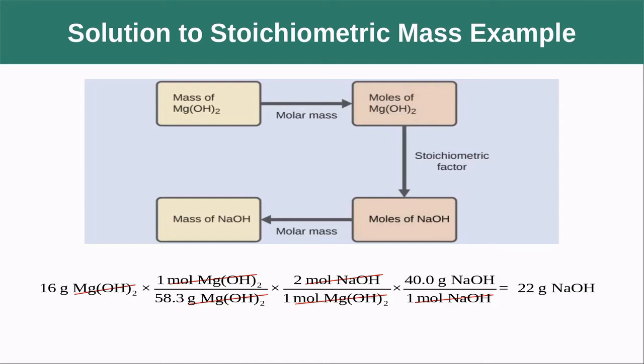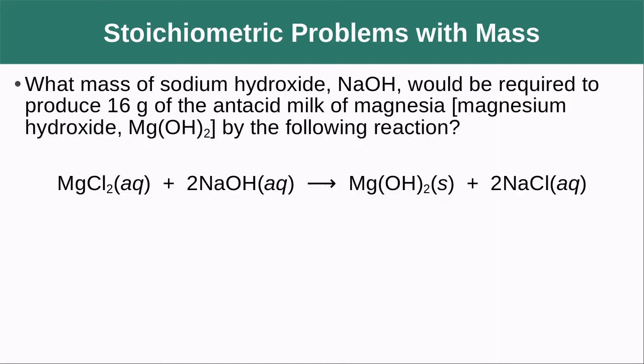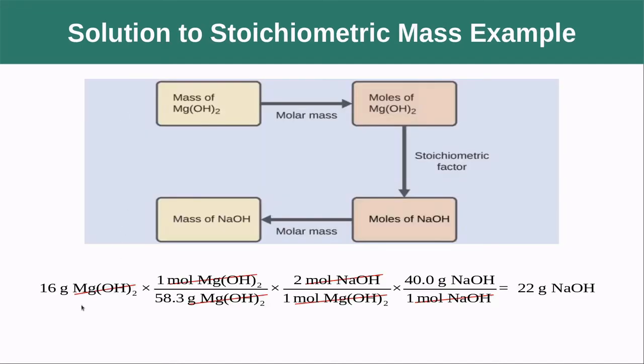So the first thing we need to do is figure out how many moles of magnesium hydroxide is this 16 grams. So we take our 16 grams, we divide that by the formula mass of magnesium hydroxide. We now have the moles of magnesium hydroxide. So we have our mass to moles through the molar mass.